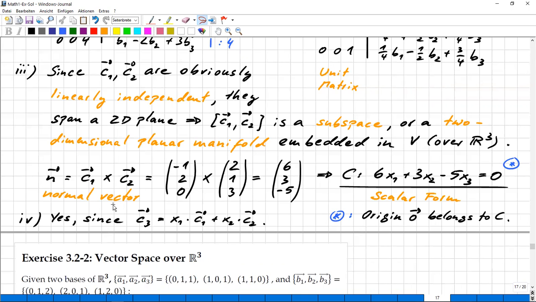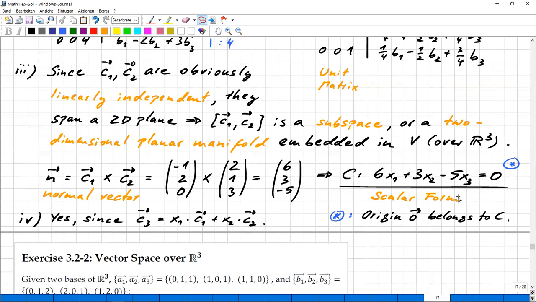And you all know the so-called scalar form of a planar equation, the equation of a plane inside a three-dimensional vector space. By the way, in this case it's a plane which contains the origin. That's because we are doing linear algebra, so nothing is moved outside of the origin. The origin must always belong to such a plane or such a subvector space.